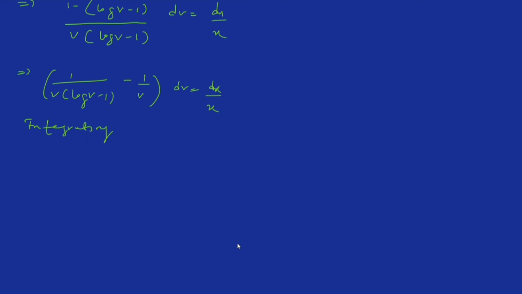Integrating on both sides, we get the integral of dv upon v(log v minus 1) minus the integral of dv upon v, which equals the integral of dx upon x. Take it as equation 2.